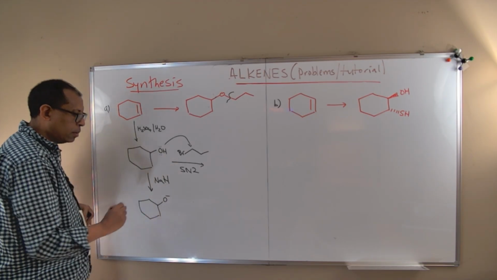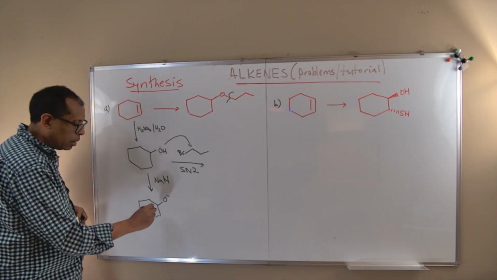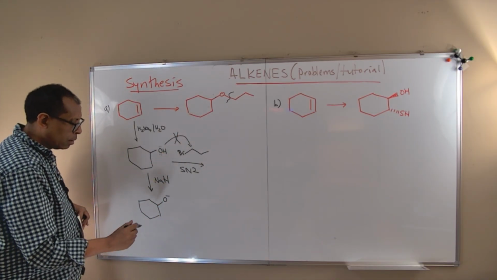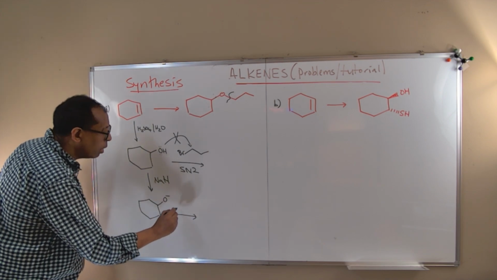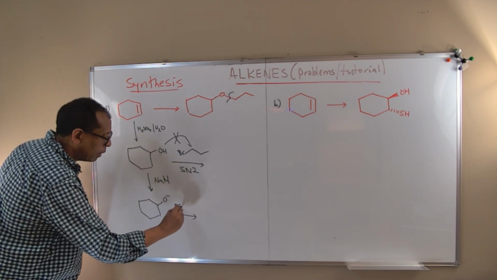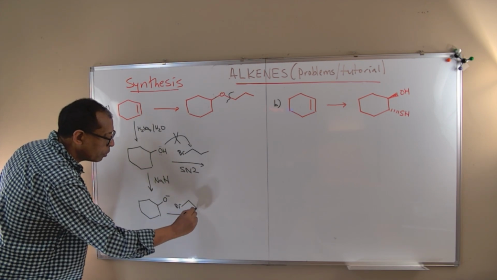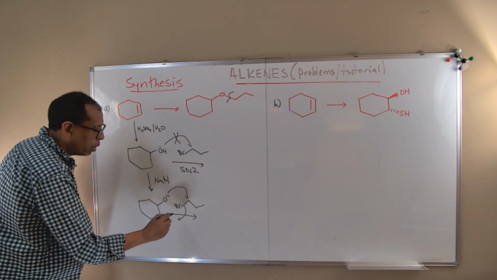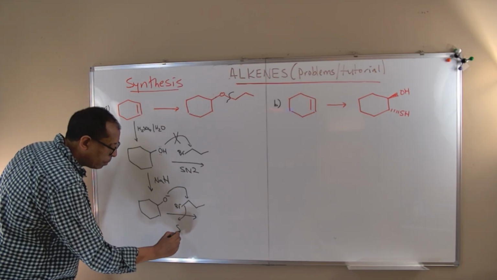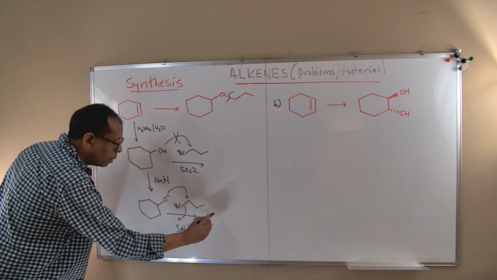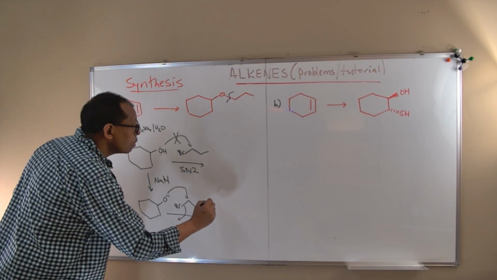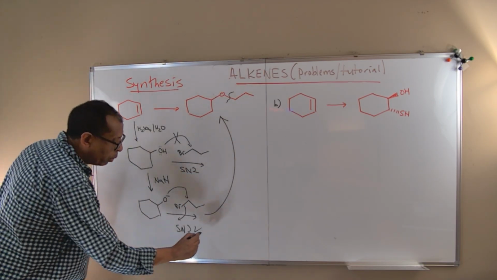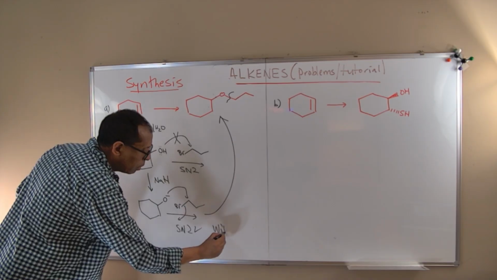So the alkoxide is formed, O minus. This would not be doing it as it is. So O minus reacts with the alkyl bromide, and this would attack that. That would do a good SN2 to give this product. This is called Williamson ether synthesis.